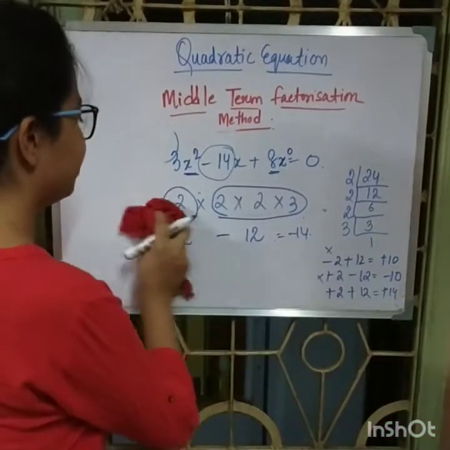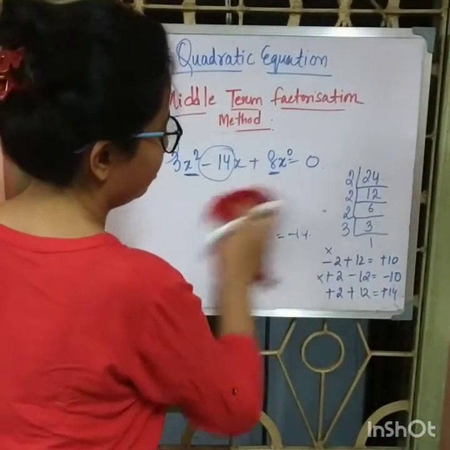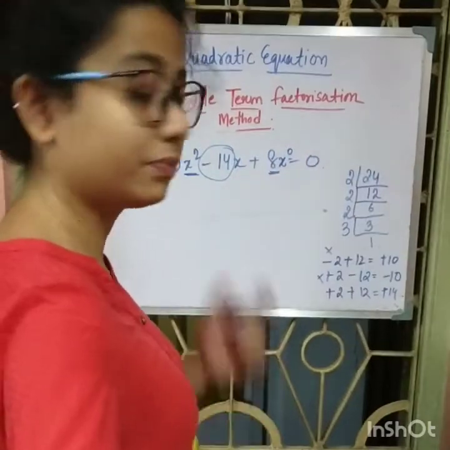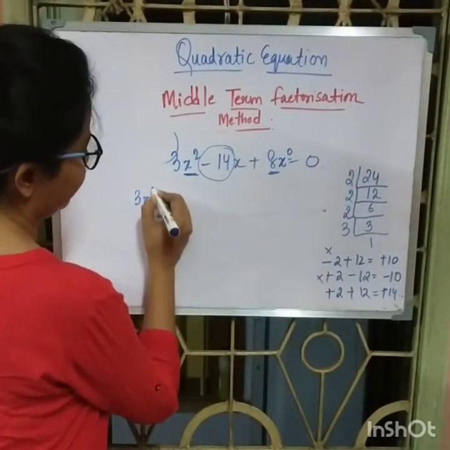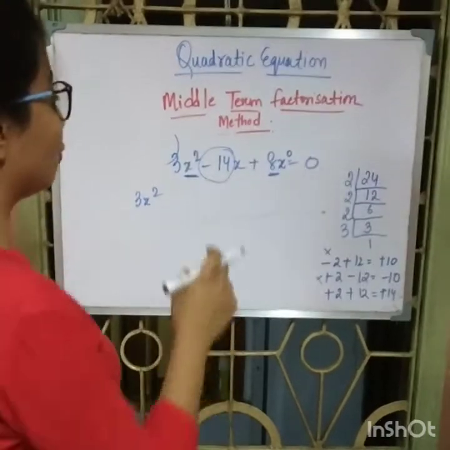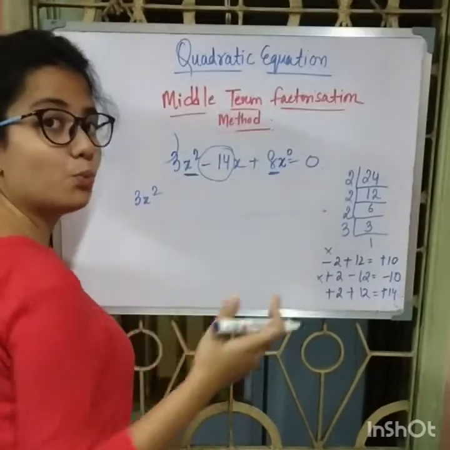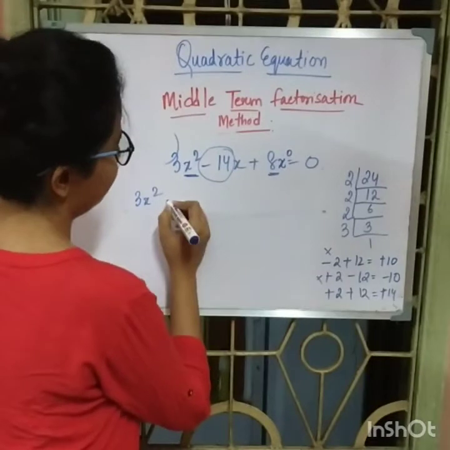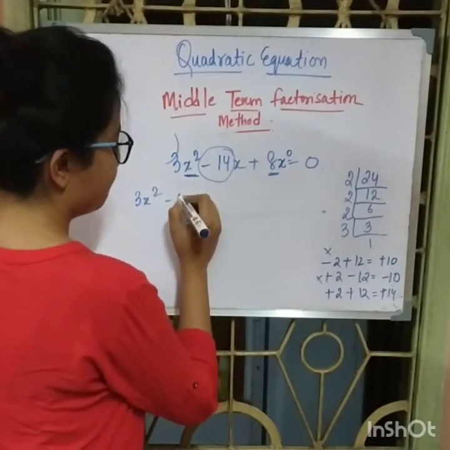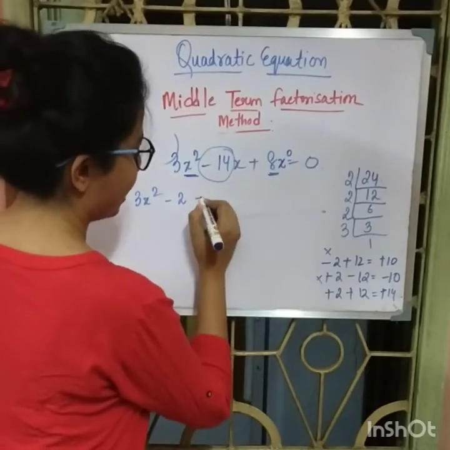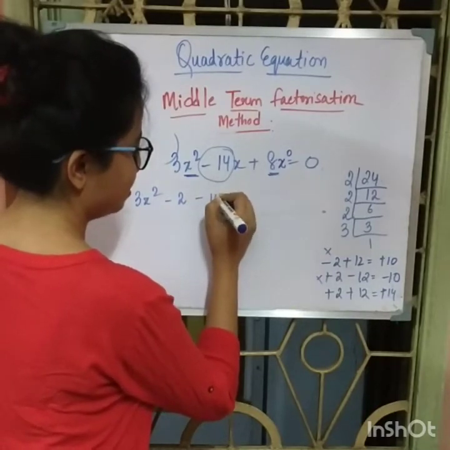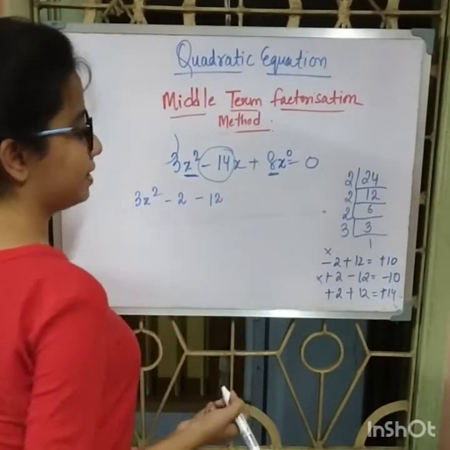So now we'll write it in a different manner. We'll write it the same way, 3x squared, we just copy it. Now minus 14, we can write in this way: minus 2 and minus 12.